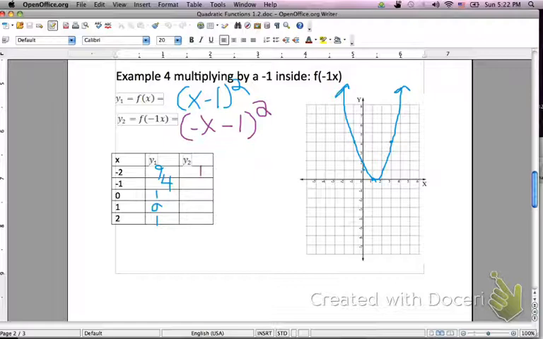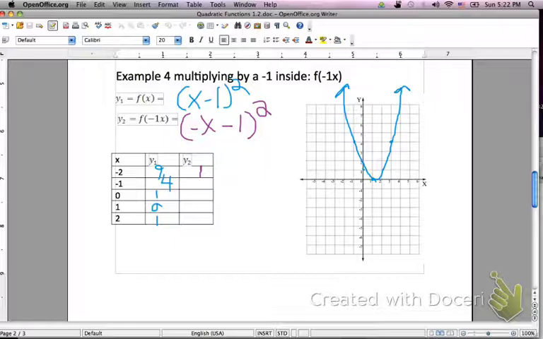So I have at negative 2 I have 1. Oh, sorry, I skipped over the point. Sorry guys, I'm losing concentration. Okay, so that was right. A negative 2 times a negative 1 is 2, minus 1 is 1, 1 squared is 1.